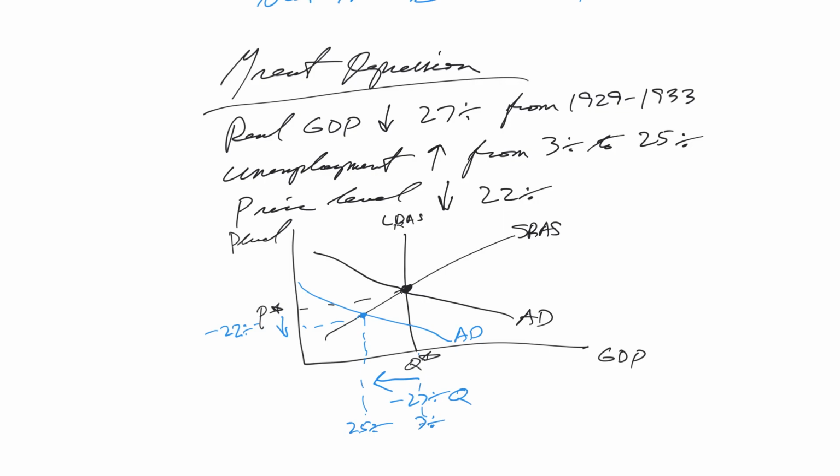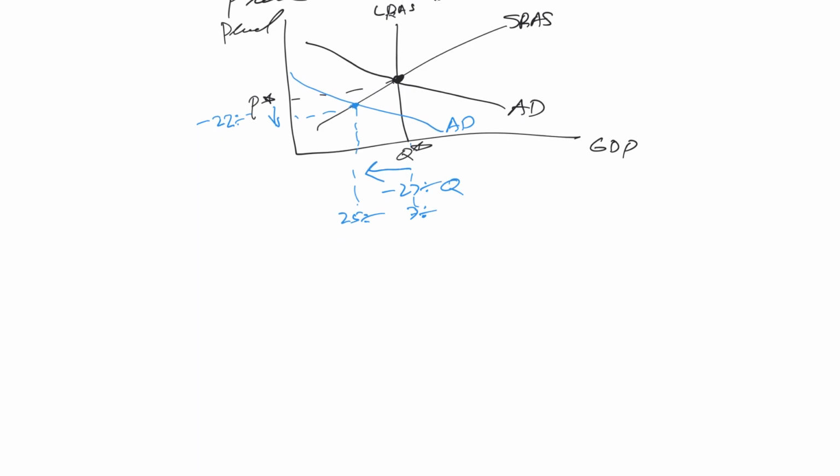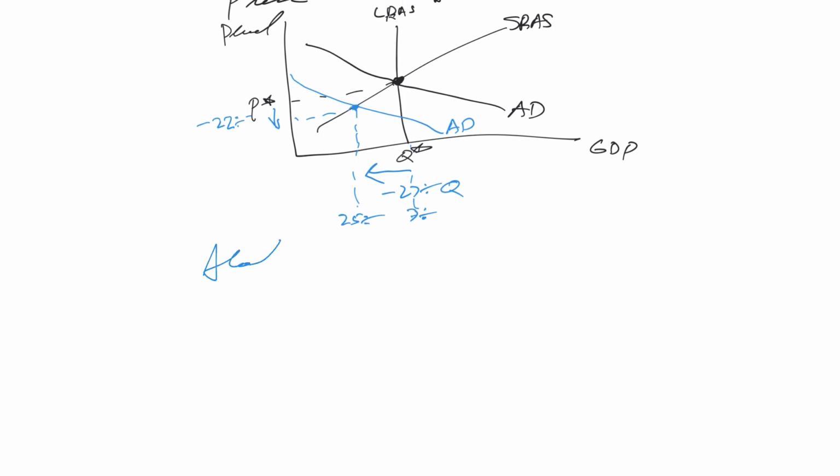So why was there such a huge decrease in aggregate demand? Well, first of all, stock prices collapsed. There was a huge stock market crash, and that meant consumption falls.